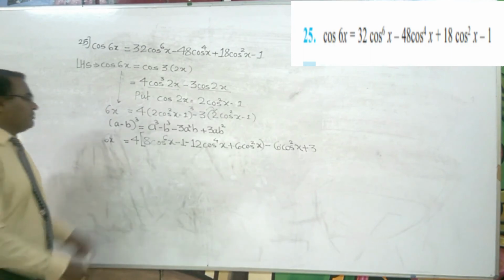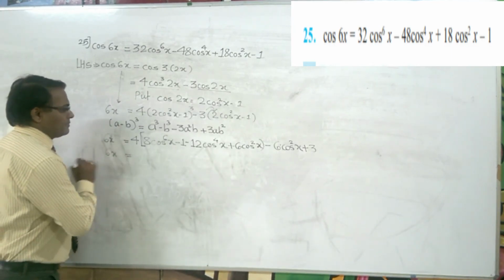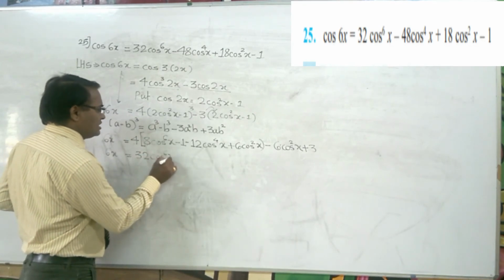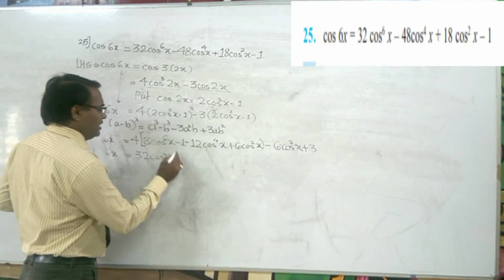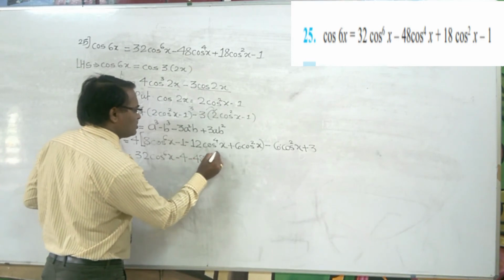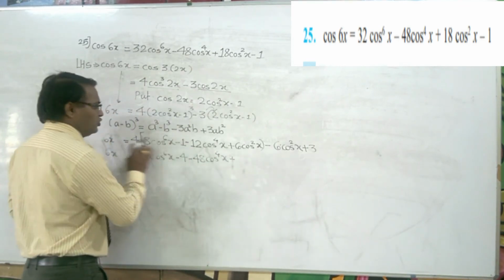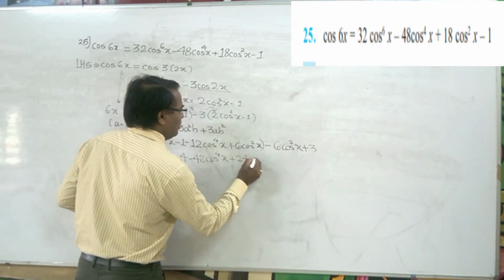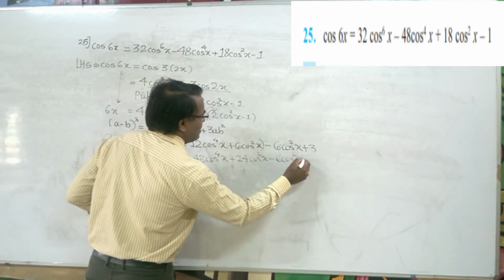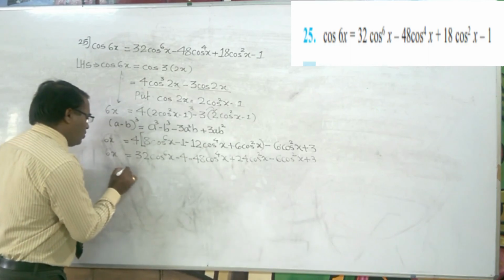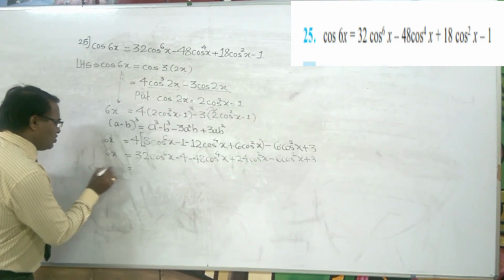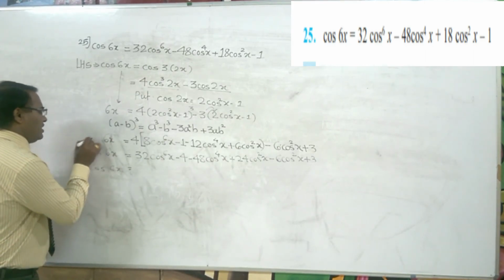Now we'll again multiply with this bracket, that is cos 6x is equal to 4 8s are 32 cos raised to 6x, then 4 into minus 1 is minus 4, 4 into minus 12 is minus 48 cos raised to 4x, and then 4 6s are 24 cos raised to 2x, then minus 6 cos raised to 2x, and then plus 3. Now the like terms you can go on, cos is everywhere.